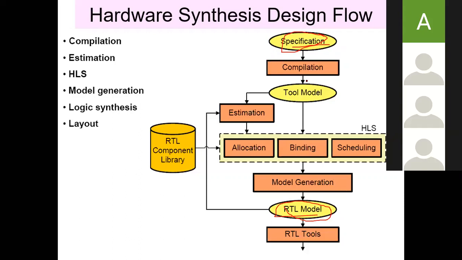The next step is compilation. From the specification in the high level language, we compile that high level language to generate an intermediate code. That is what we call the tool model. The tool model means we are converting this C code to an intermediate model which is understandable by our design tool.